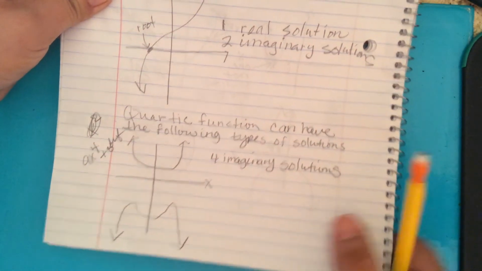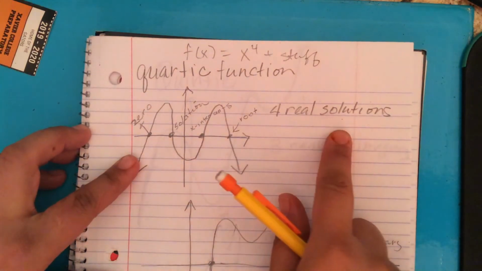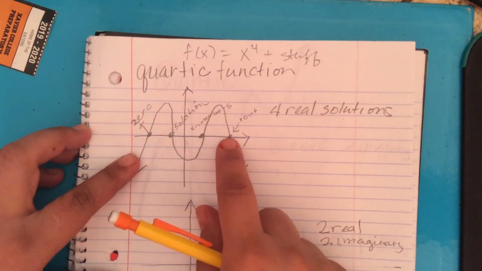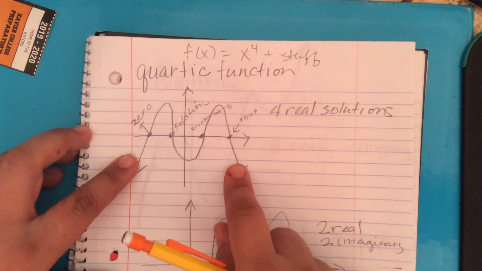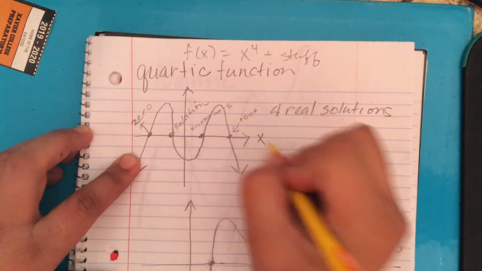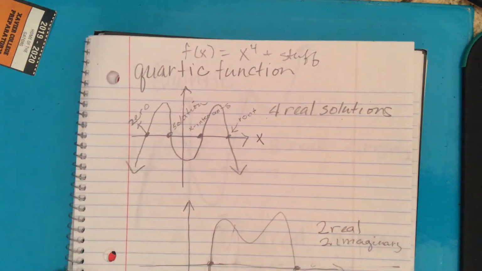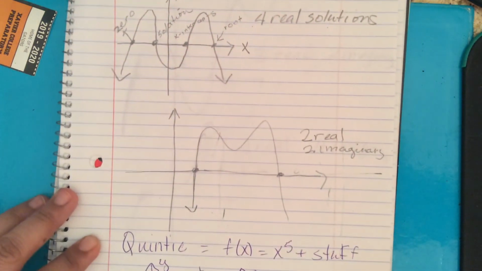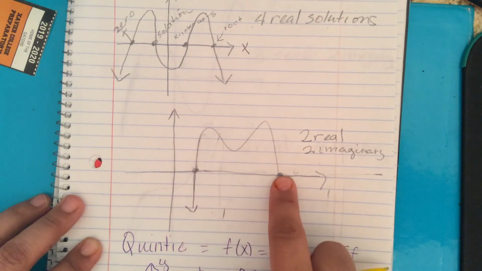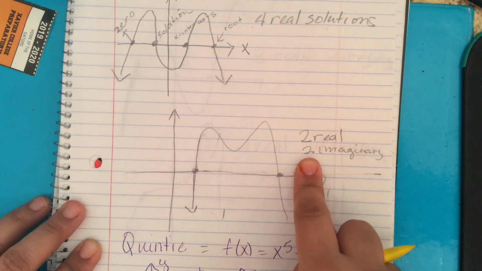Or you can have 4 real solutions where you see the graph crossing the x-intercept. Remember, these are called x-intercepts, solutions, zeros or roots as well. Or you can have two real, where you see two of them, and then two imaginary. Notice they add up to 4 solutions.